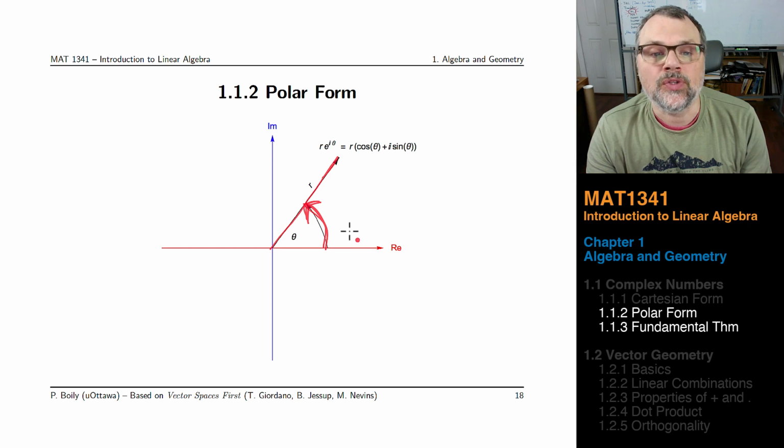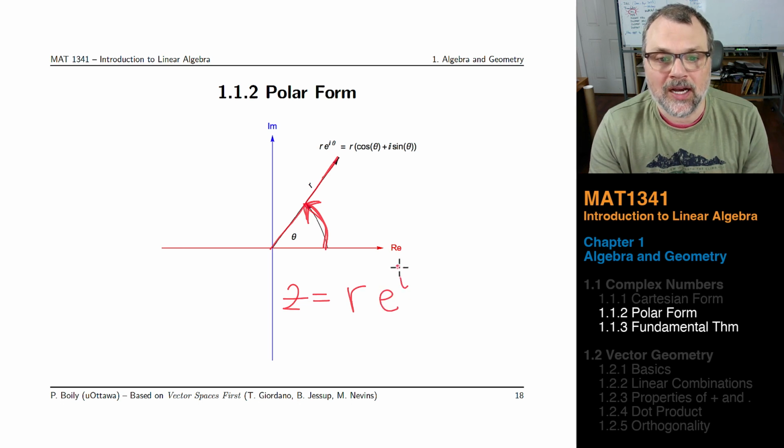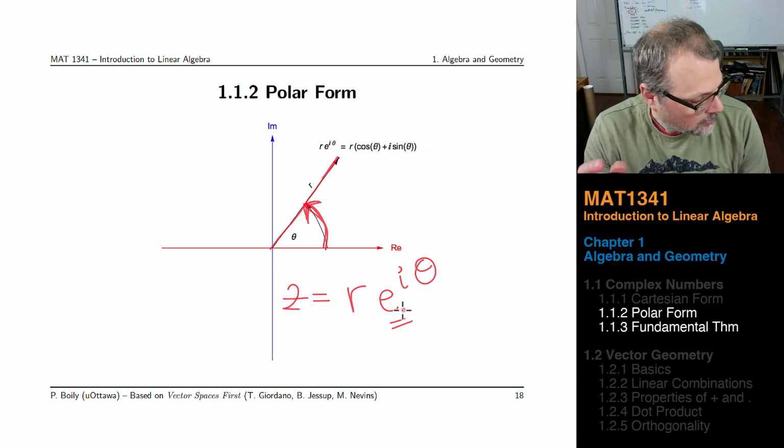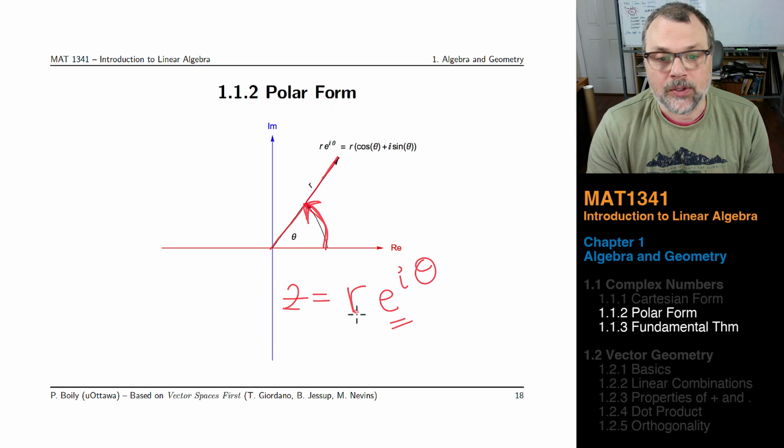And when you use this notation, you would write z as r times e to the i theta, e being Euler's constant, the exponential. r is a real number, theta is the angle here.